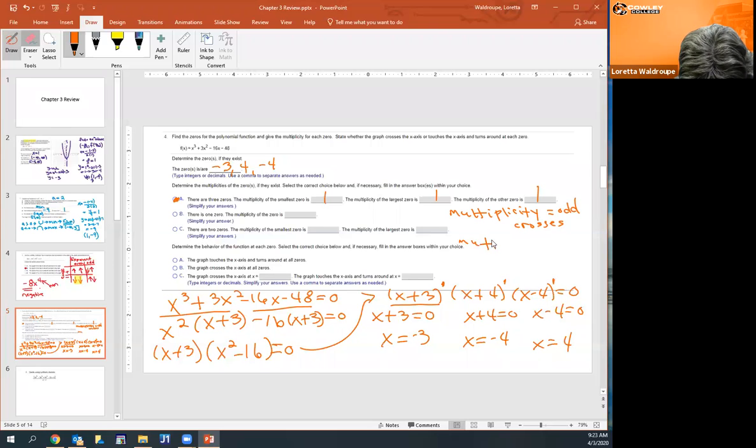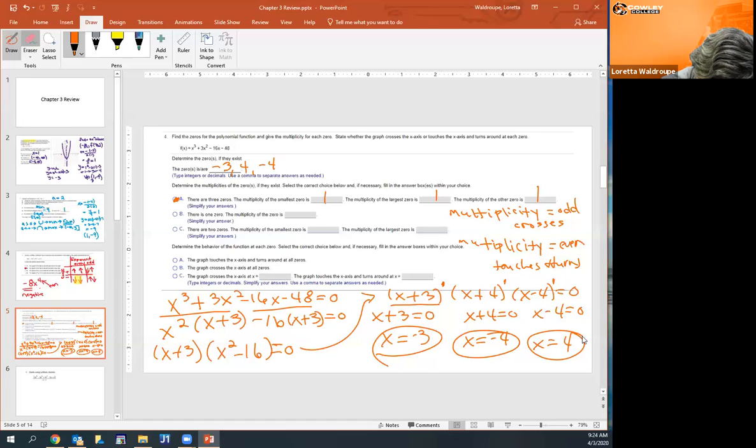If your multiplicity is even, the graph touches and turns. So we're not looking at whether a 0 is odd or even. We're looking at the multiplicity up here. And they all have a multiplicity of 1, so they're all odd, so it crosses at all 3.